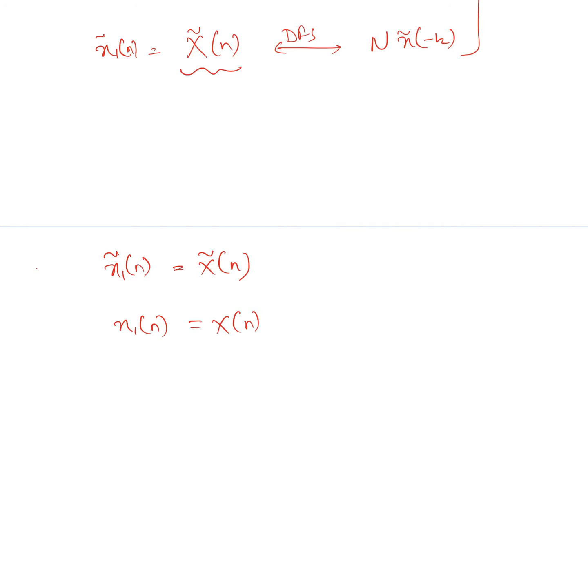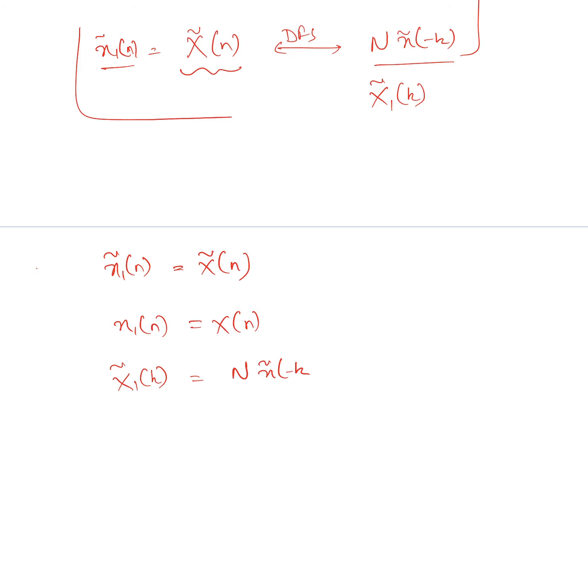Then the DFS coefficients of x1 tilde of n would be this one. Let's substitute and write it here. X1 tilde of k would be equal to N x tilde of minus k.